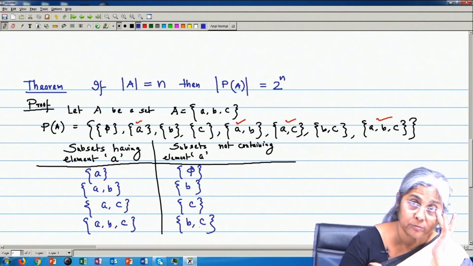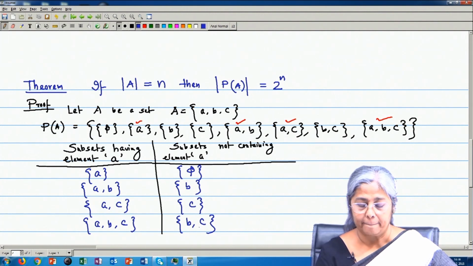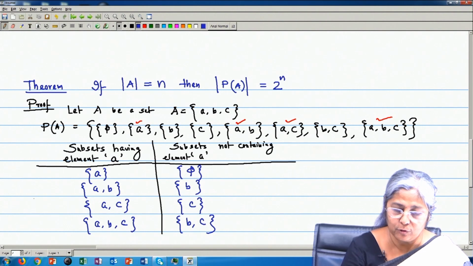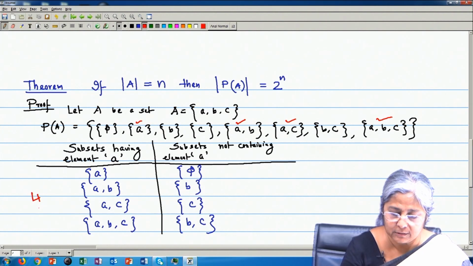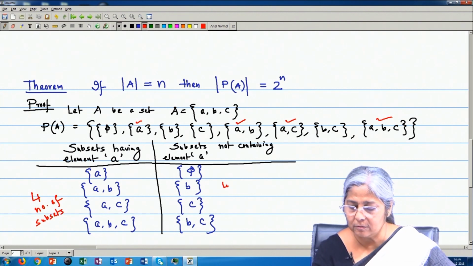So, the property we see is that in both classes the number of elements is the same. This class contains 4 subsets, and this class also has 4 subsets.